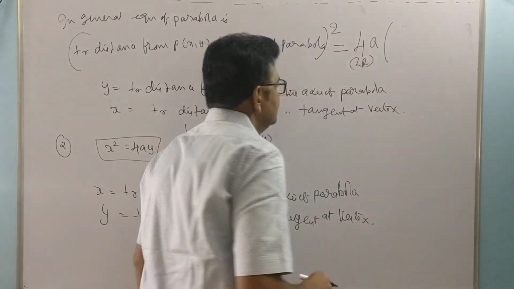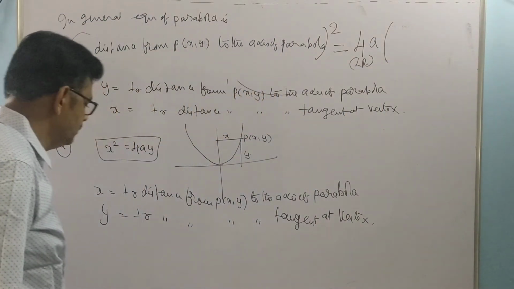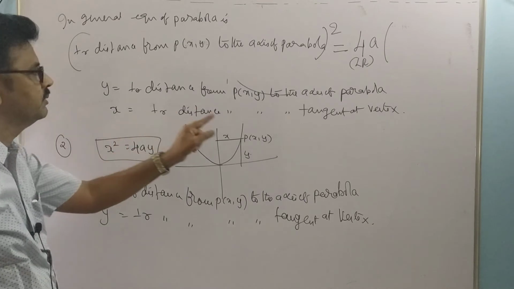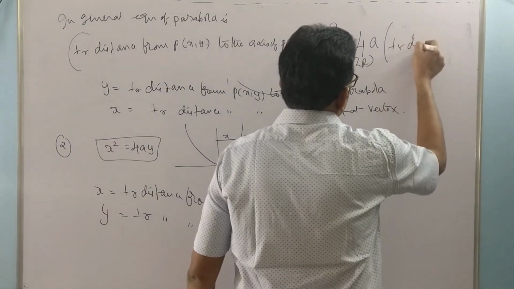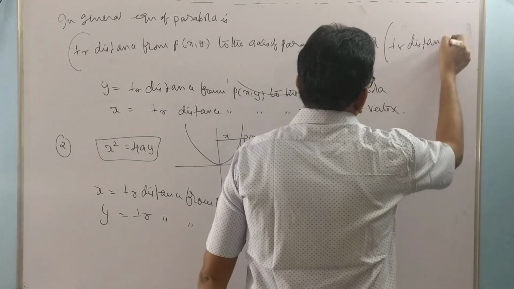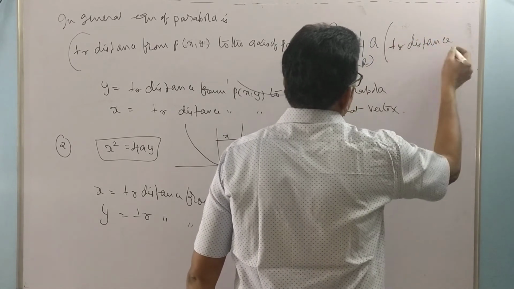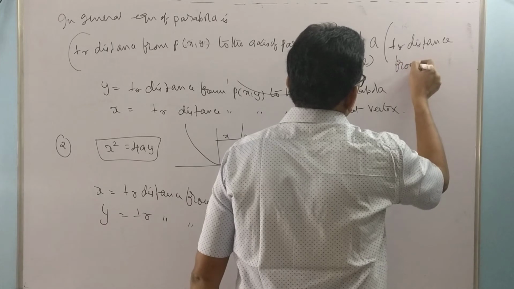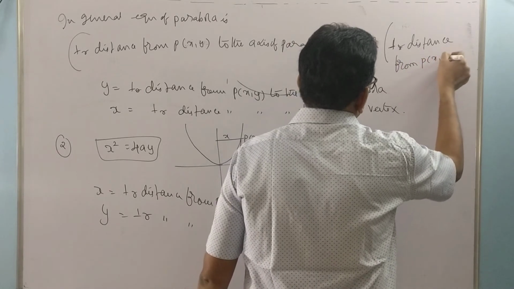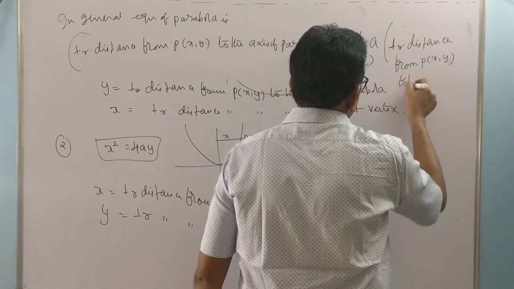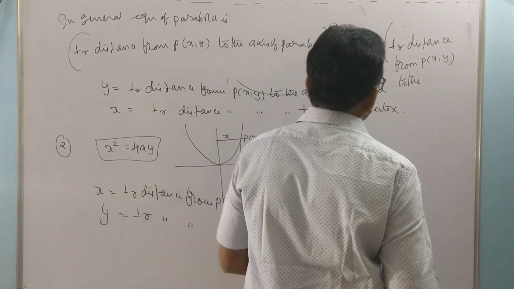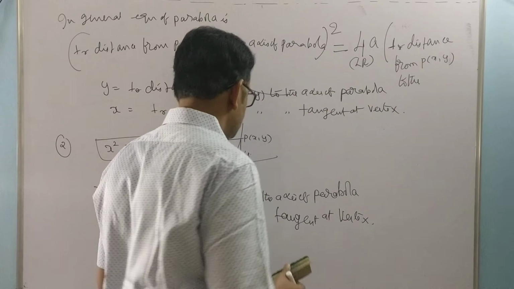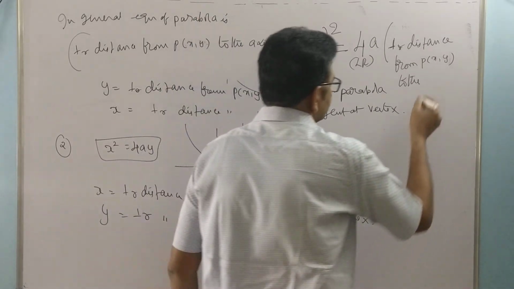I can write LR, latus rectum, into the perpendicular distance from the point P(x, y) to the tangent at vertex.